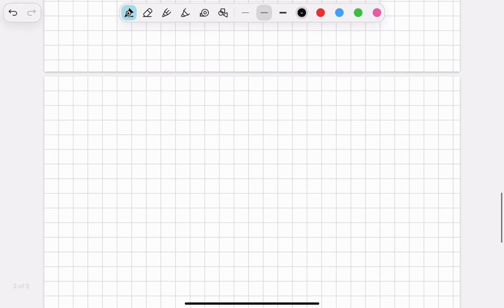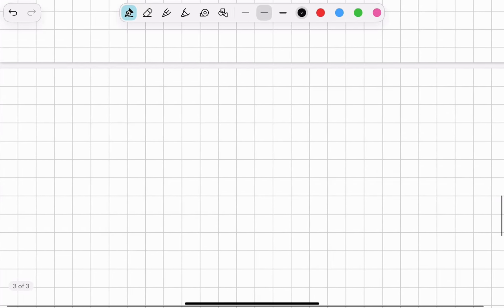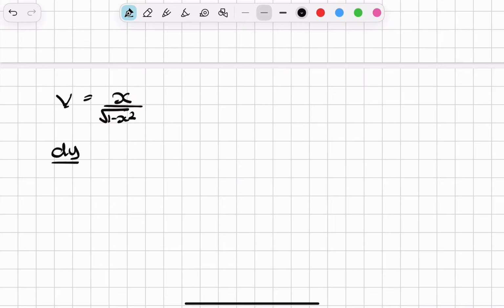Now let's see if we have any stationary points. So y equals x over root 1 minus x squared differentiates to, well, we can actually write this out a bit more simply. So instead of using quotient rule, we can use product rule.